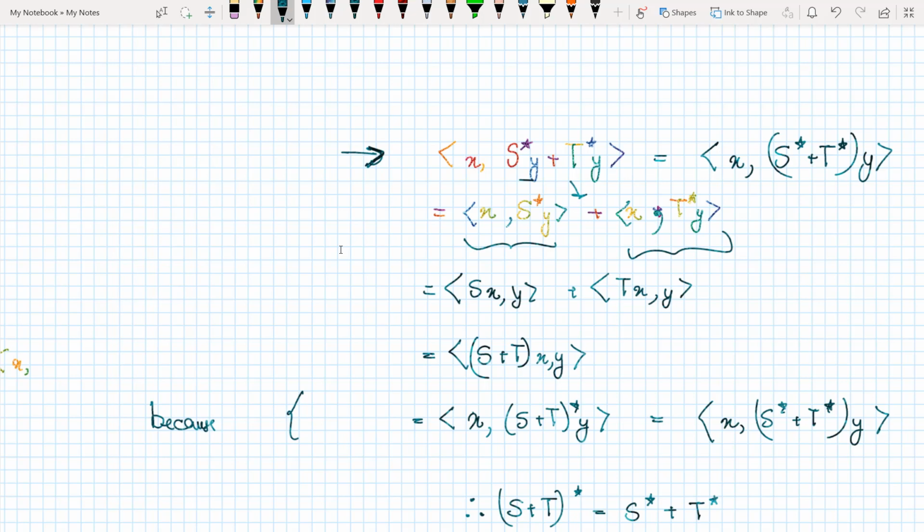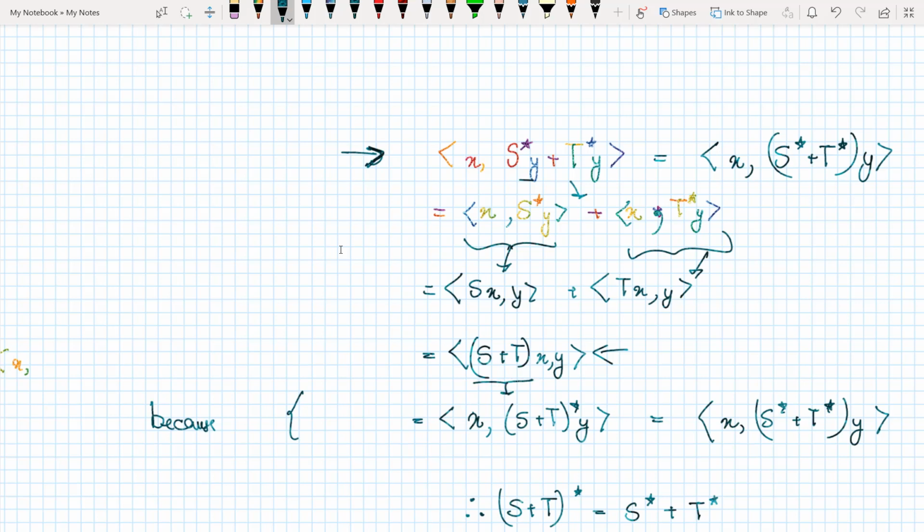Now, because of the adjoint property, I can take the star and it becomes just S here. Similarly in this case. Now I join both of them again, S and T, so I get to this step. Then with the adjoint property, I can write this expression as this.